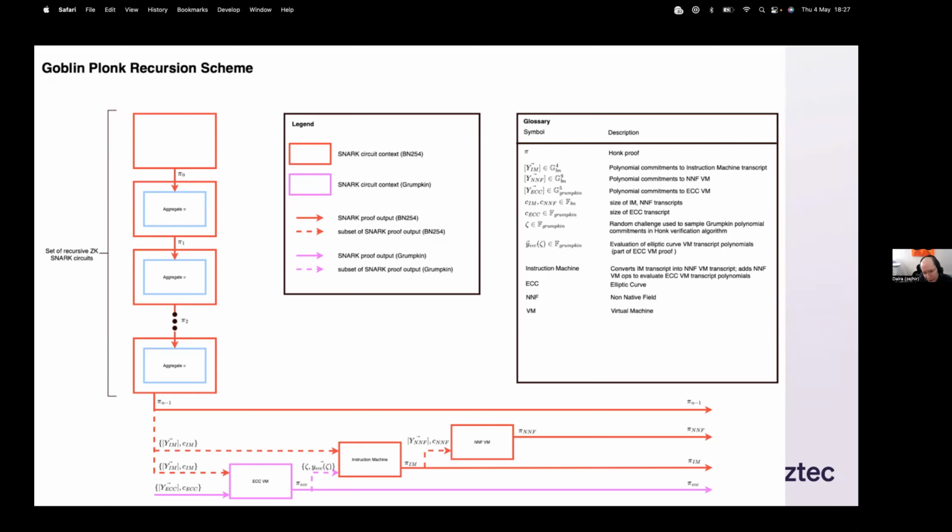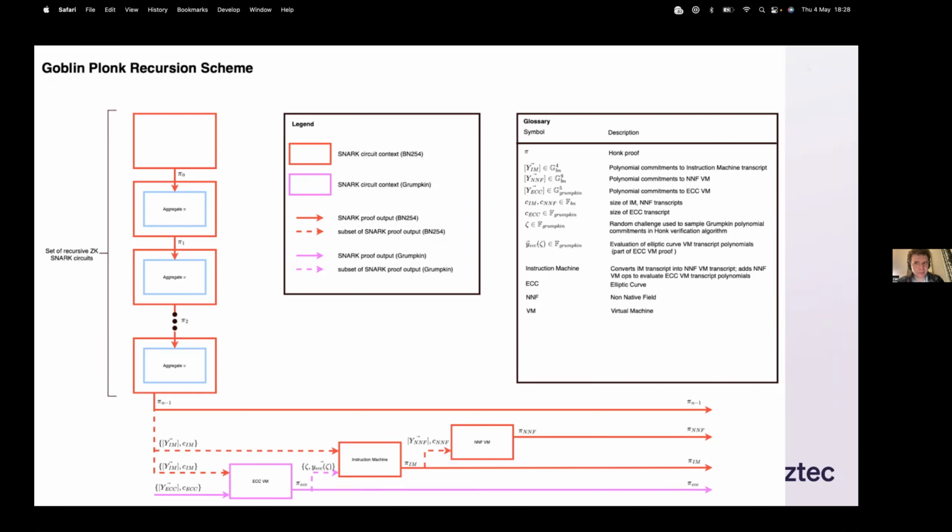So the red proofs here, if you're using the half pairing cycle thing, the red proofs are KZG proofs, and the ECC VM is an IPA proof. Why that way around? It doesn't have to be that way around. The reason we would do it that way is because KZG is much cheaper for the prover to compute an opening proof for than IPA.